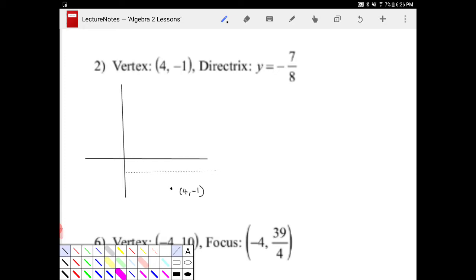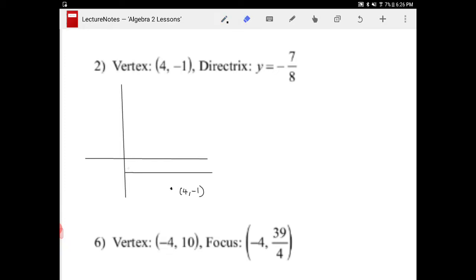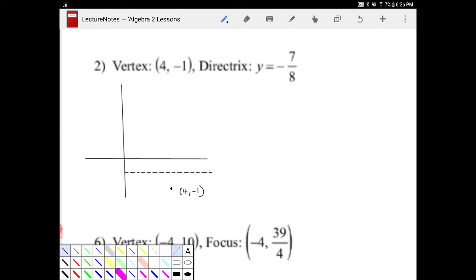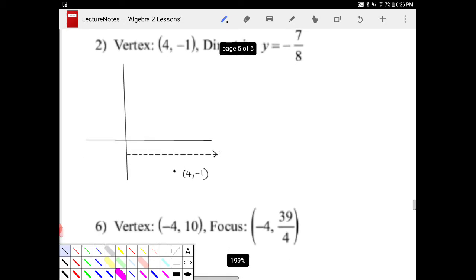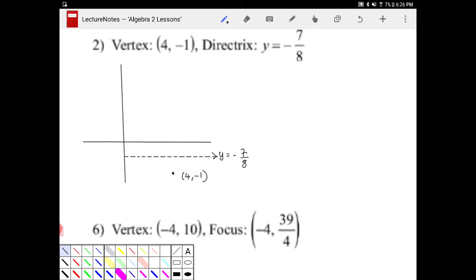So I want to draw my line here, just representing the directrix, and I want to draw a dotted line because it's really not a part of the parabola. However, it is going to be important for our understanding of how the equation is formed. So this is y equals -7/8.